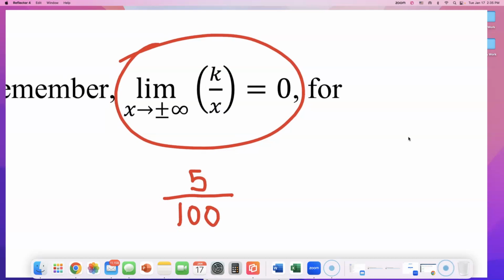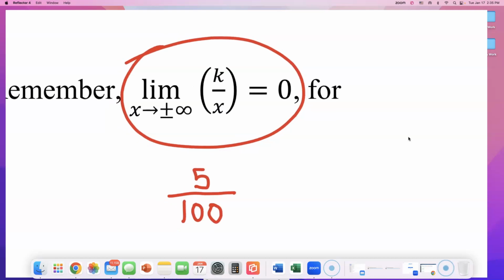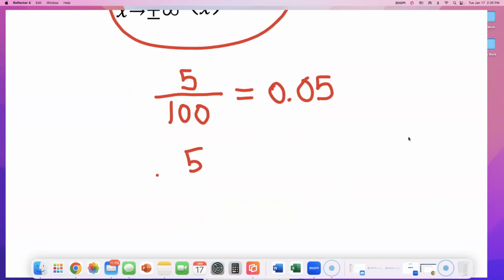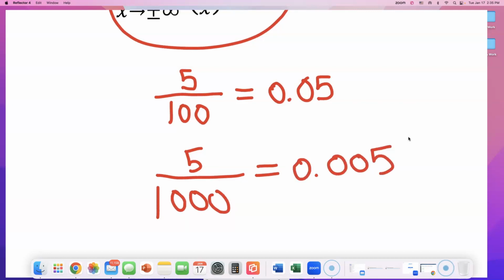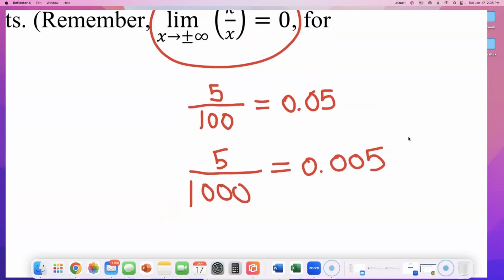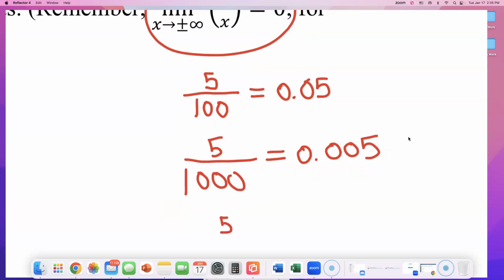Like dividing $5 to 100 people. They will each get how much money? Like 5 cents, right? What if I ask you to divide 5 by 1,000? They will each get 0.005, right?